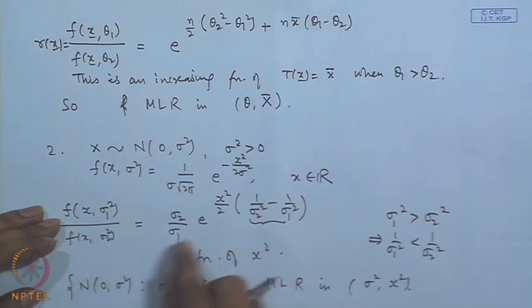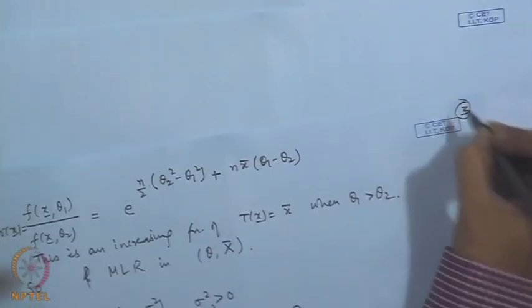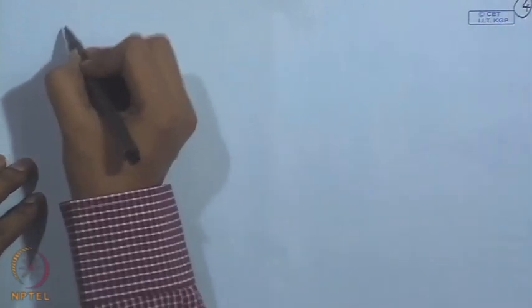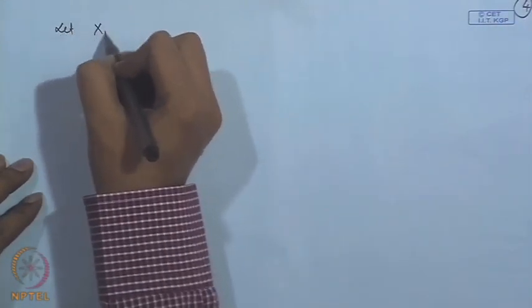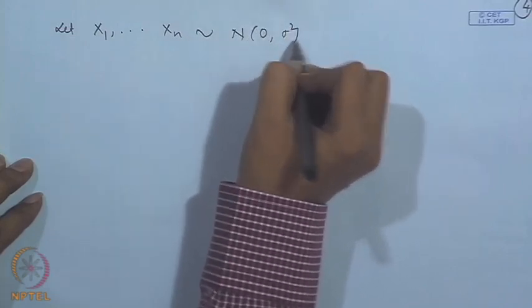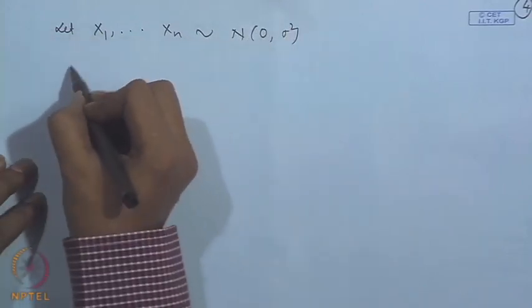Now, note here that suppose I take a sample here in place of x, let us take a sample x 1, x 2, x n following normal 0, sigma square, and let us write the same thing once again.